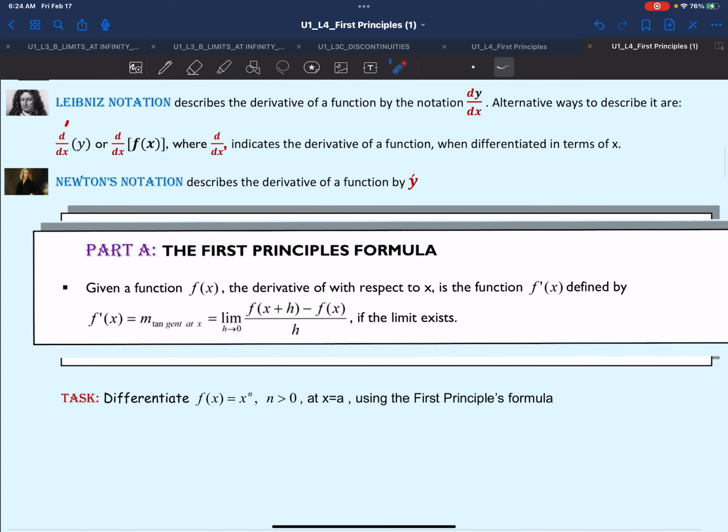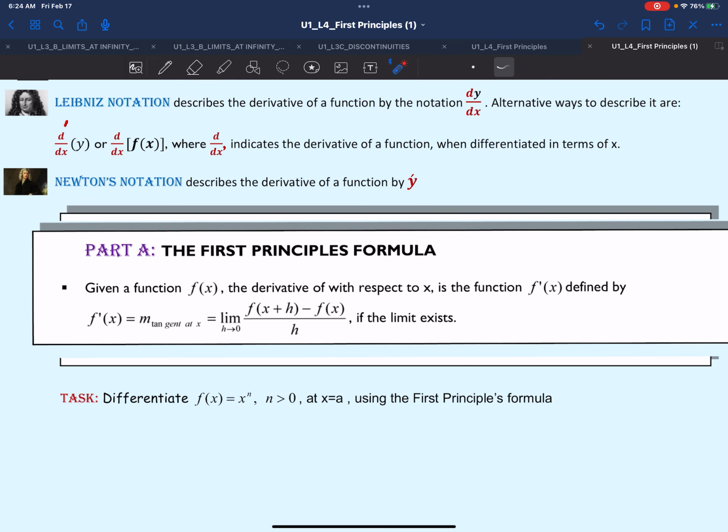Now, how do we determine the derivative of a function? We are going to analyze derivatives of various groups of functions, and we'll come up with formulas for each group of functions. But at the roots of finding the derivative of a function will always stay what we call the first principles formula.